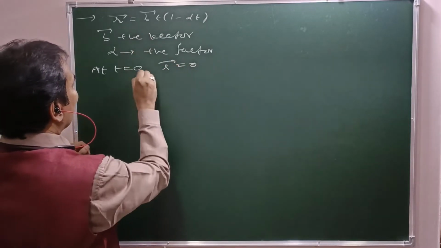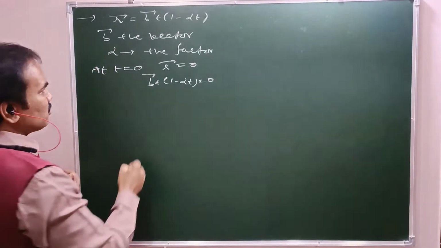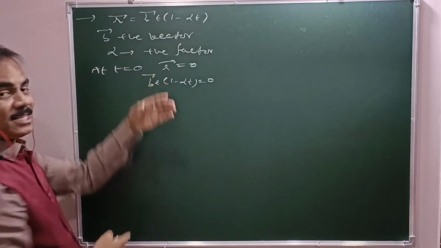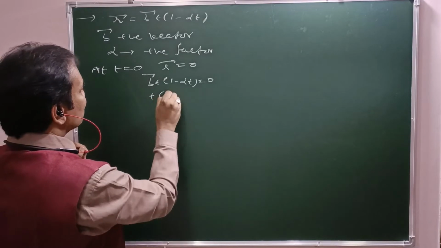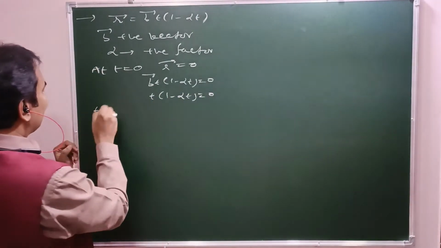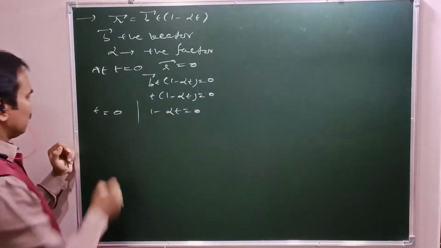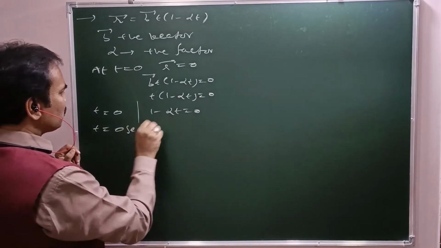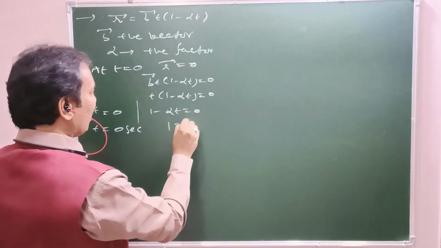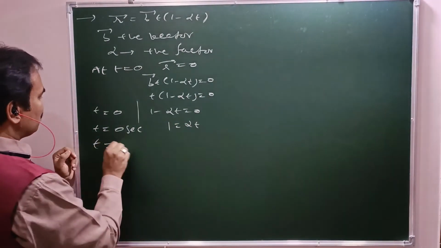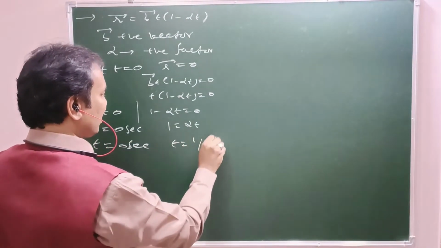So r bar means b bar t of 1 minus alpha t equal to 0. That is, b bar can never be 0, because b bar is a non-zero positive vector. So definitely t into 1 minus alpha t must be zero, so either t equals 0 or 1 minus alpha t equals 0. Either t equals 0 seconds, otherwise 1 equals alpha t, that is t equals 1 by alpha second.